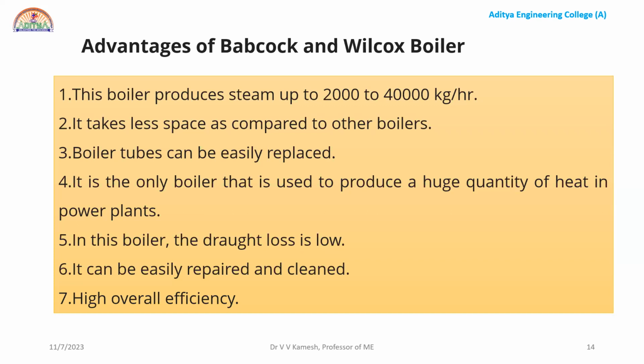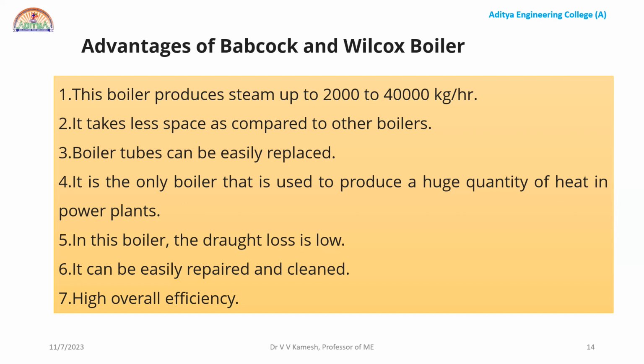and the advantages and some characteristic features we'll discuss here. This boiler produces steam from 2,000 up to 40,000 kg per hour. So the maximum capacity is 40,000 kg per hour, and it takes less space as compared to other boilers. Here less space means for a particular steam generation target, it will occupy less space.